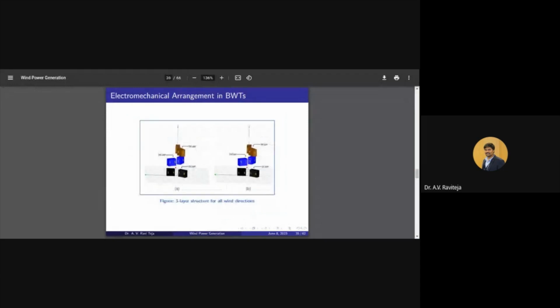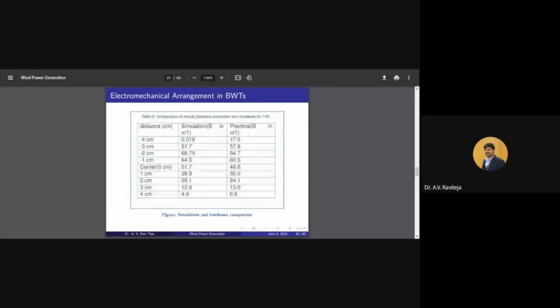So at 145 degrees, I will have maximum flux change, one advantage. But there is a drawback. The drawback is that this maximum flux change will occur only for one direction of wind, and for other directions there will be less effect.